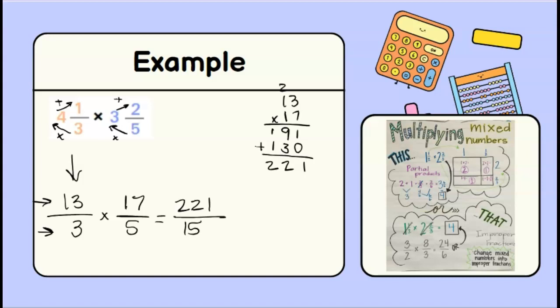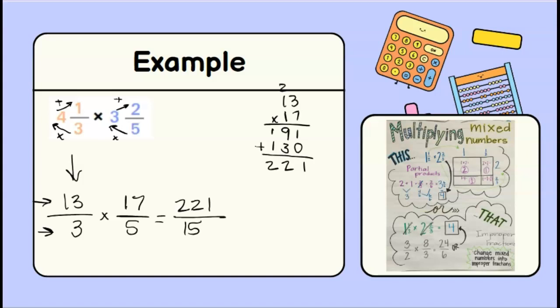What I can do now is simplify this. I can use my division algorithm to find what the quotient would be and what the remainder would be.